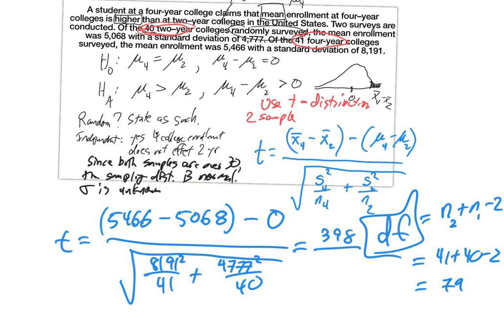Square root of the answer is 1666.5. 398 divided by that is a t-score of 0.2388. That's not a very big t-score.